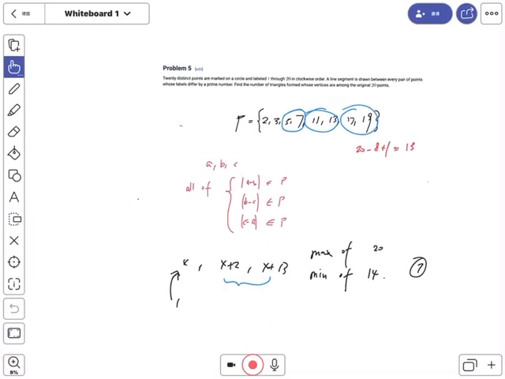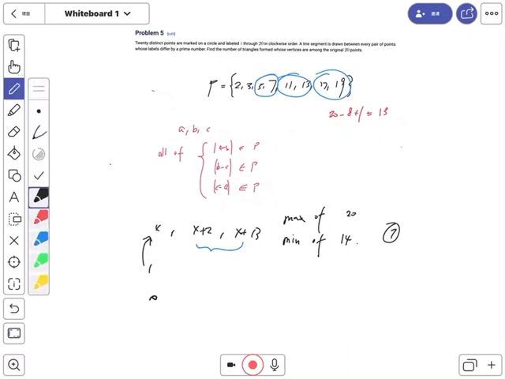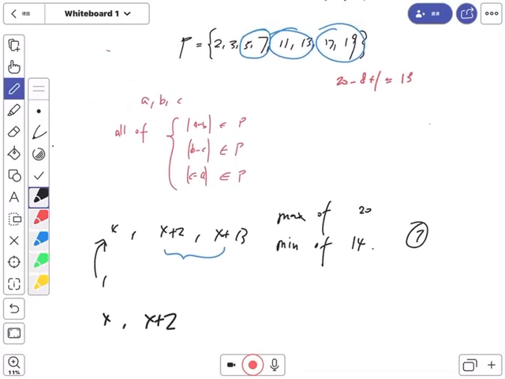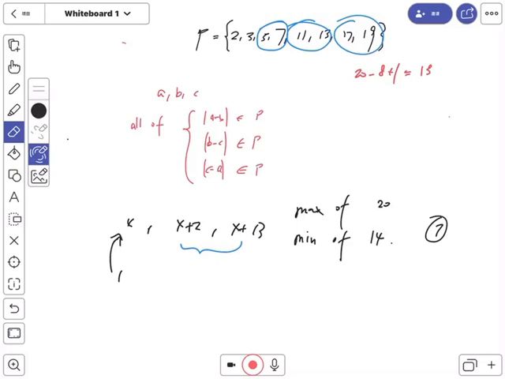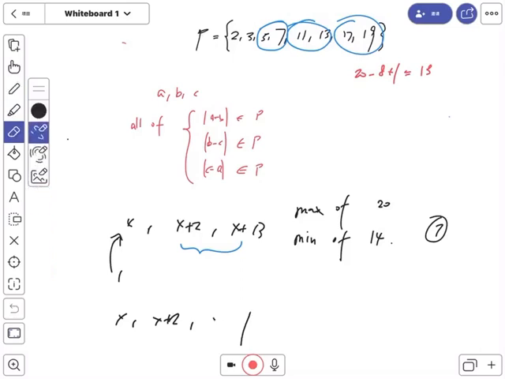Now we also want to consider cases 3 and 5. So this will have x, x plus 2, and we also have x plus 5.